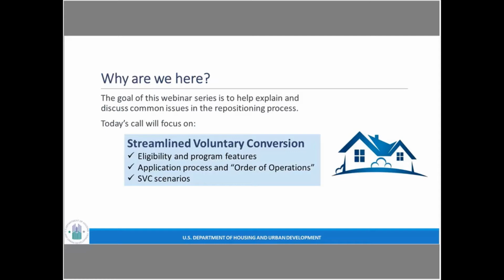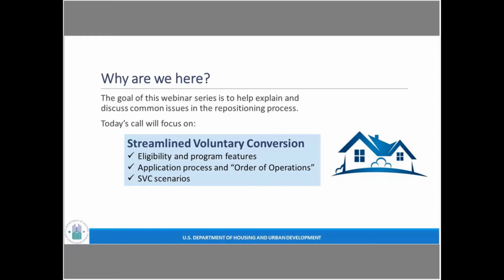So today we're going to talk about, within streamlined voluntary conversion, which PHAs are eligible and some of the key program features. Kathy is going to get in-depth in some of these more complicated or frequently asked about program features. We're also going to talk about the application process and the order of operations. So this is when a PHA makes that decision that they do want to convert under streamlined voluntary conversion, how do they go about doing it?